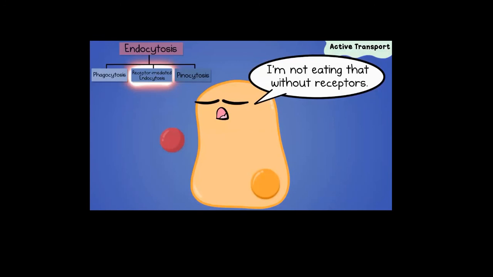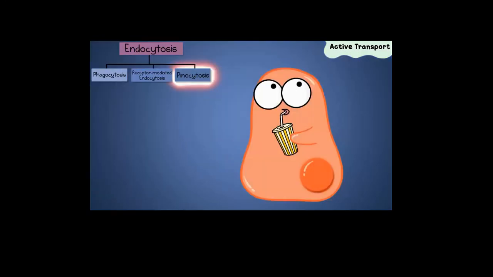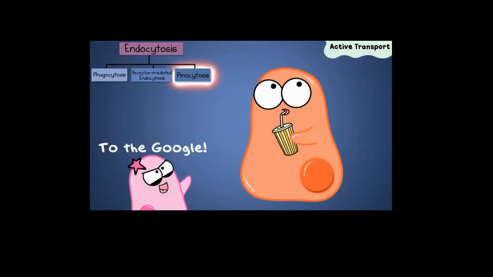This is where cells can be very, very picky on what's coming in because the incoming substances actually have to bind to receptors to even get in. Or pinocytosis, this allows cells to take in fluids. So go to Google to find out more details of the different types of endocytosis.